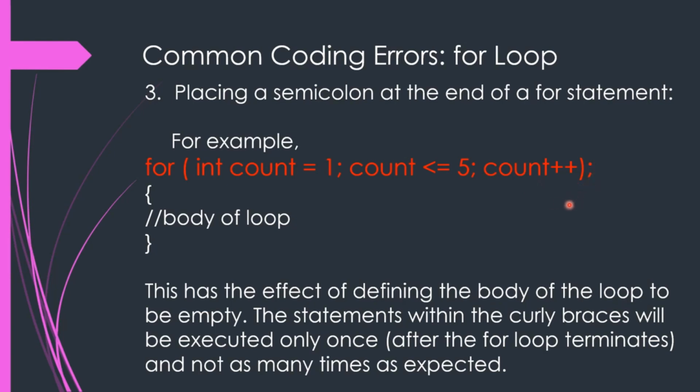So it means that we have terminated this statement here only, and it will not proceed to the body of the loop again. It will only execute it once and not as many times as we wanted. So this is why we should not put a semicolon at the end of a for statement.